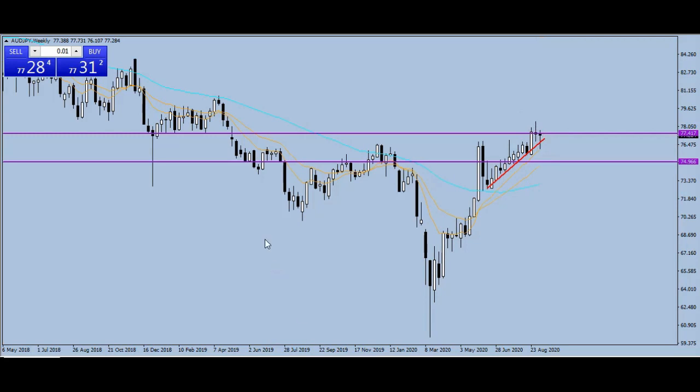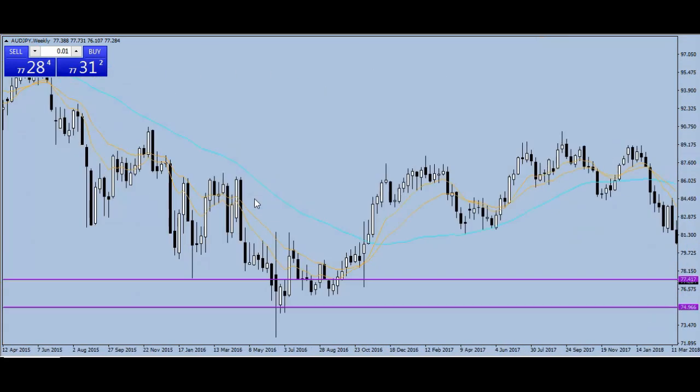And to further buttress that fact, if you scroll back in time, you can see that this level has acted so many times. Right here acted as support, right here acted as support, and right here you can see as well acted as support. And over this choppy period as well, this region shows that this level holds as a good support region.